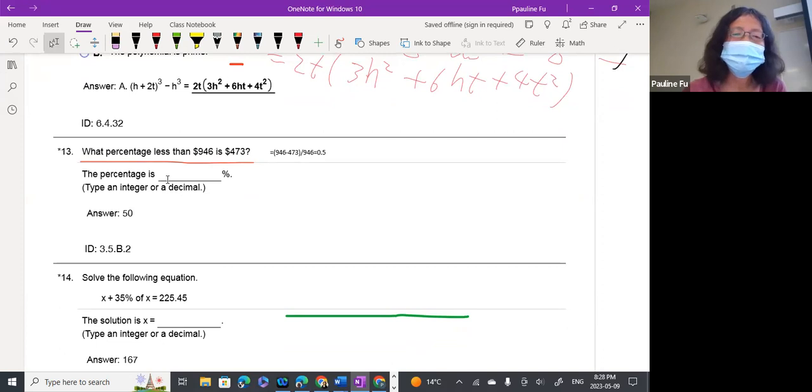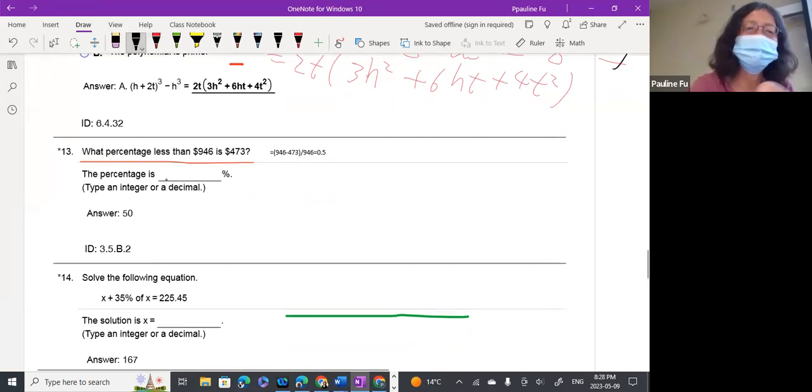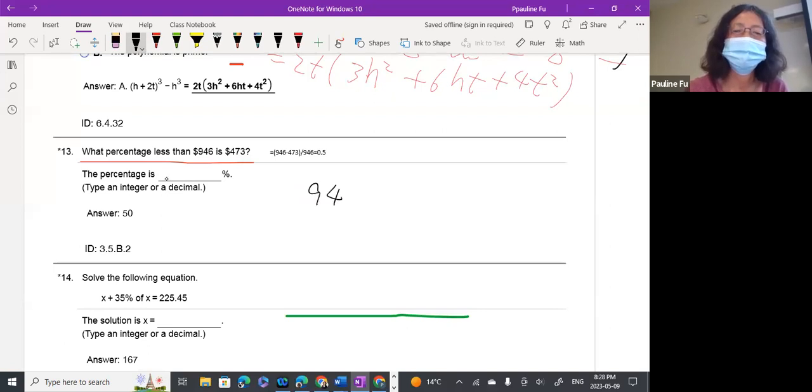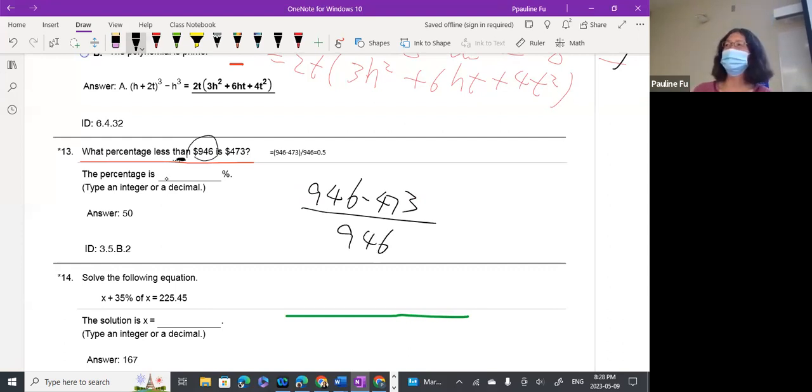The answer is to use 946 minus 473, then divide by the number after the keyword then. So 946 minus 473, divided by 946.